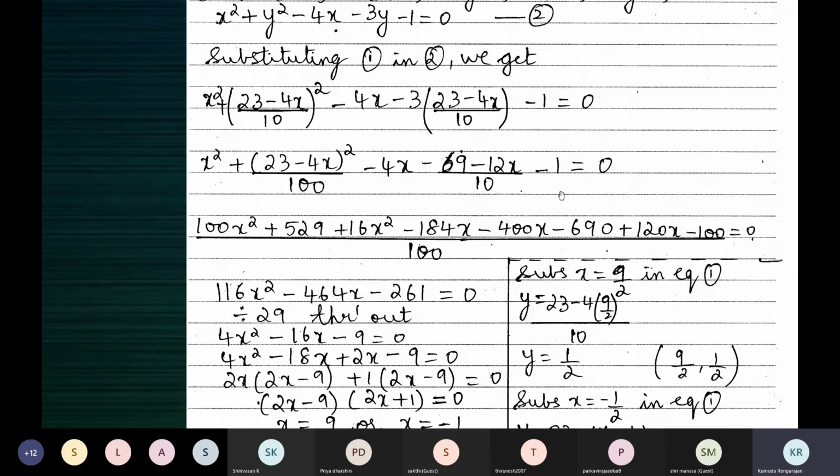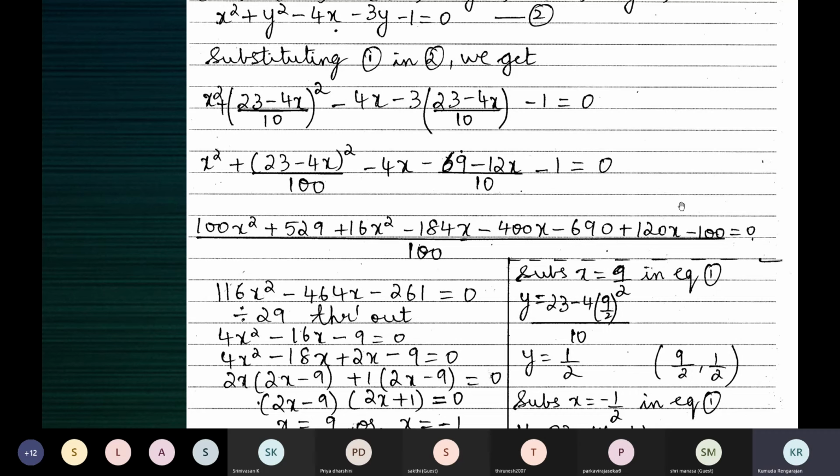Minus into minus is plus. 12x into 10 is 120x. And here it's minus 1, so you should multiply by 100. The common denominator is 100, so 1 into 100 is 100. Is equal to 0. Cross multiply. This 100 will go away, meaning it will become 100 into 0, which is 0.